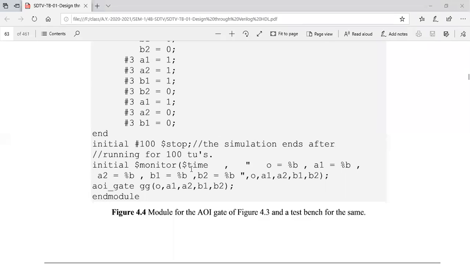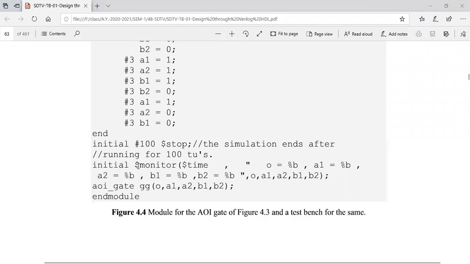Then we have to mention what changes it has to observe. We are mentioning the inputs, and everything is well and good, but what about the outputs? At what point of time does it have to change? We have to mention that also. So in the initial block I write $monitor.